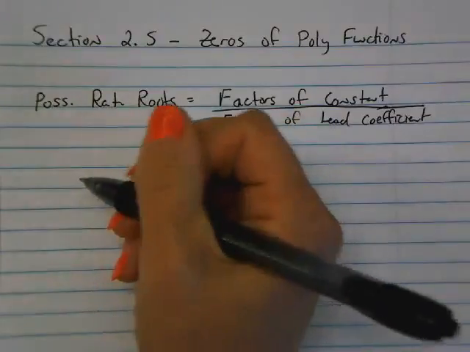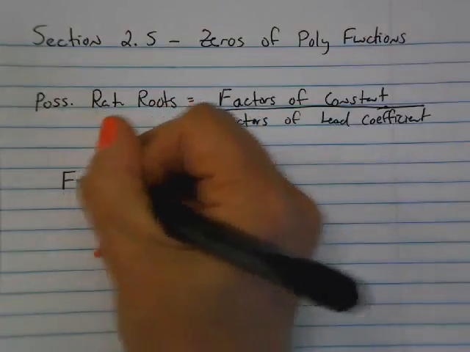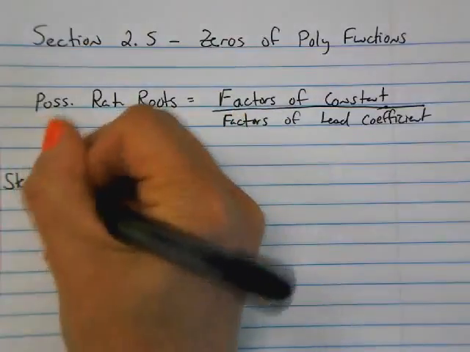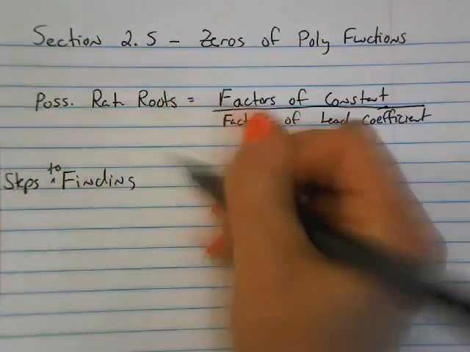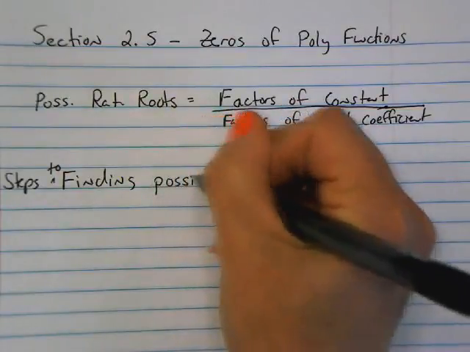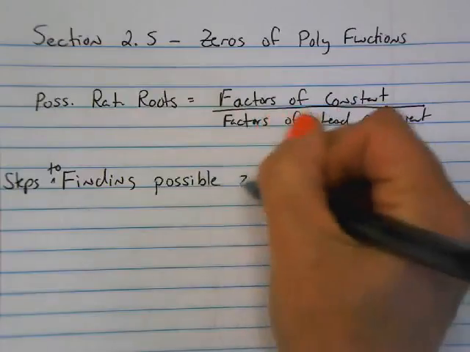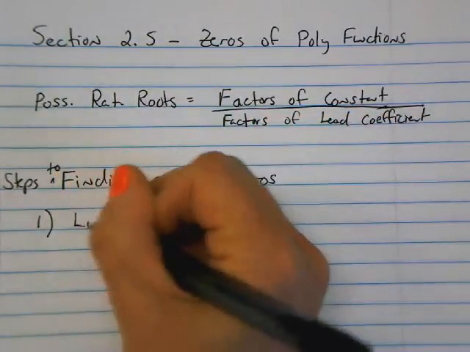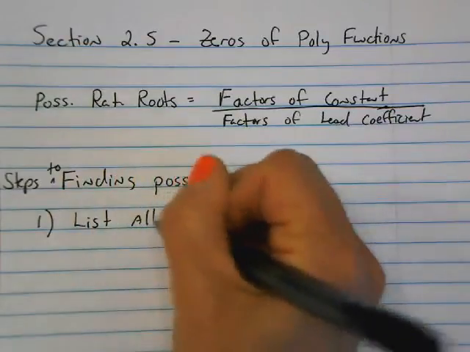So, finding all the possible zeros. Let's put steps. Steps to finding possible zeros. Step 1: list all the possible roots.